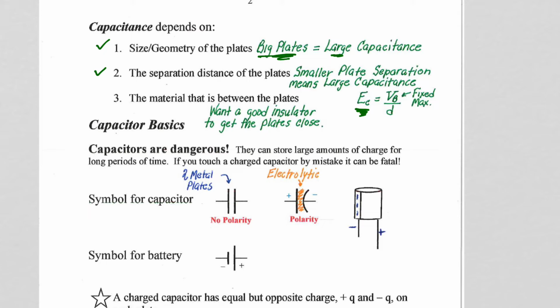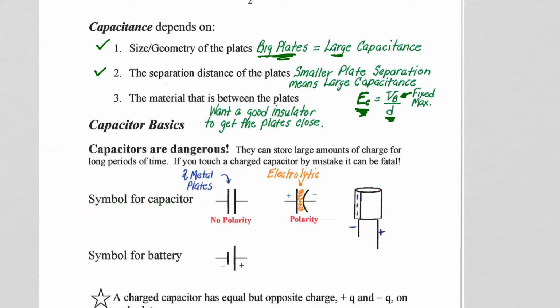The strength of the electric field between the plates is increased if D is made smaller. So that should definitely make sense to us, that if D is made smaller, if the voltage is held fixed, that battery voltage, the electric field between the plates increases, and we will see how that corresponds directly to the energy that is stored in the capacitor later on in this unit.